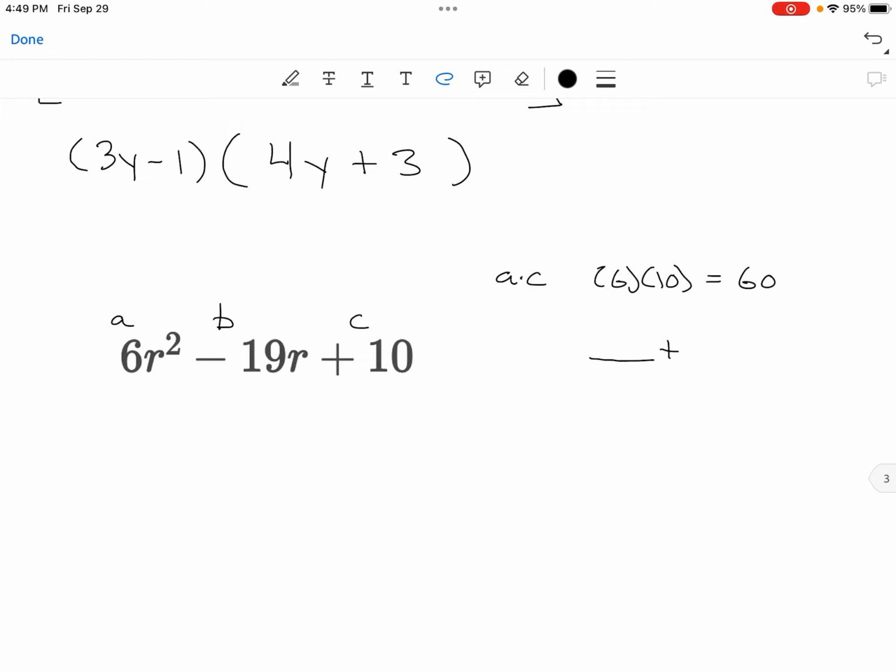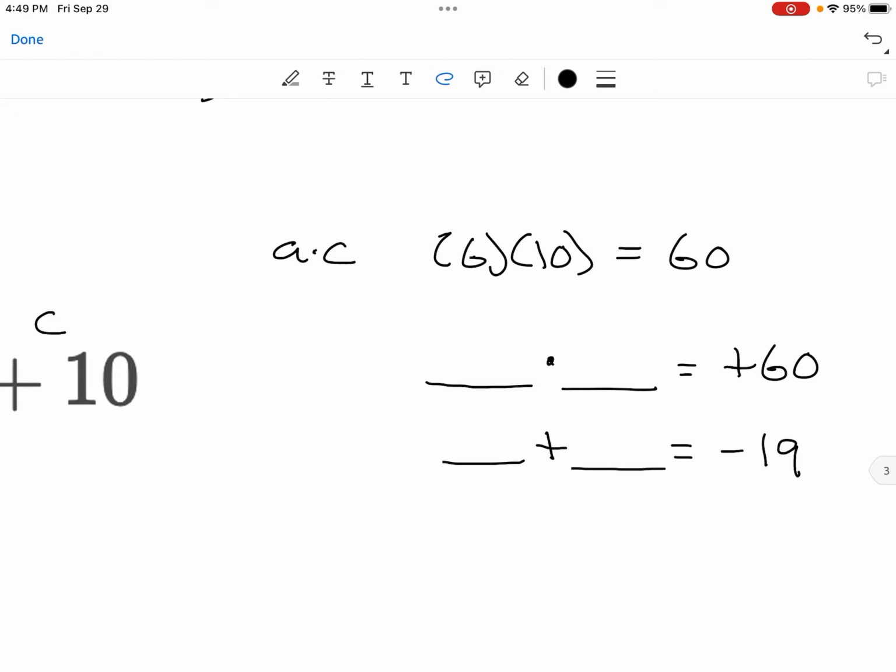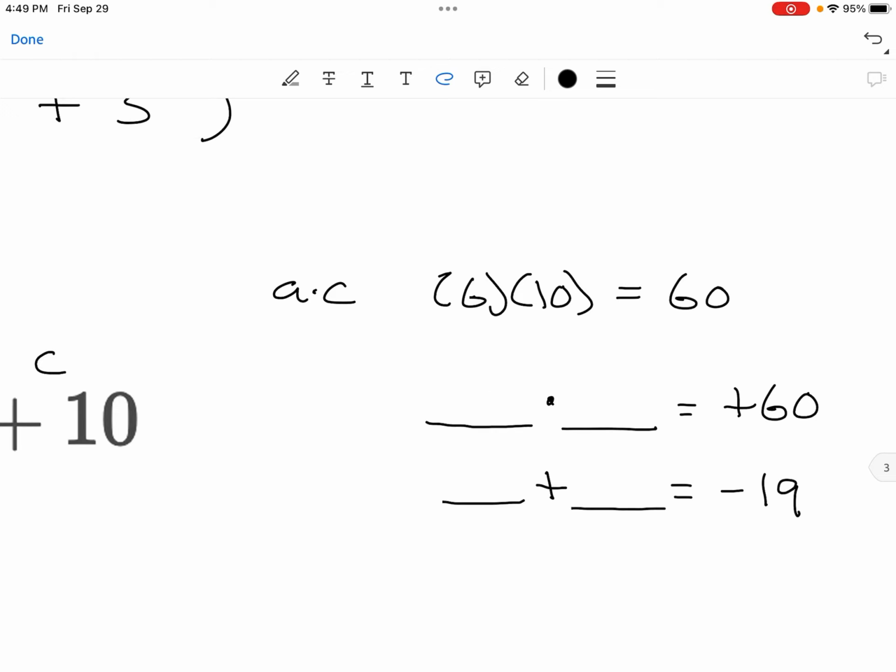And so now we're looking for what two numbers that when we multiply them will give us a positive 60. And be real specific about the signs. And we want those same two numbers that when we add them give us -19. Again, make a list of all the numbers that multiply to give you 60. That would be 1 times 60, 2 times 30, 3 times 10.